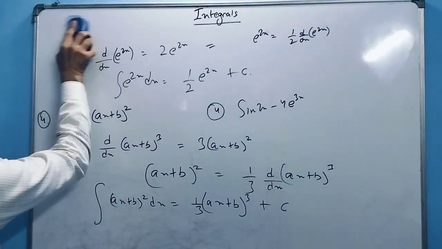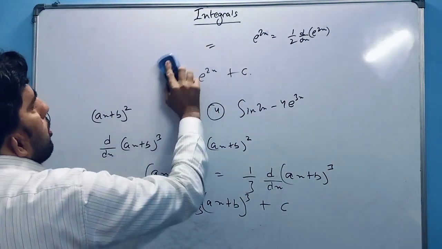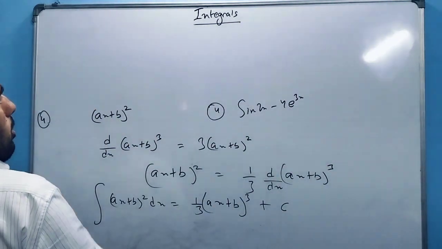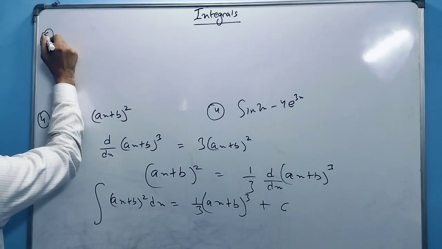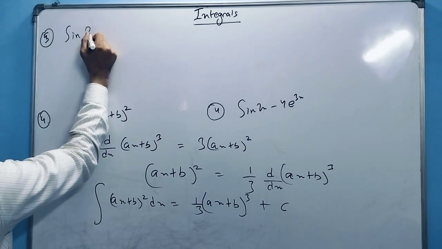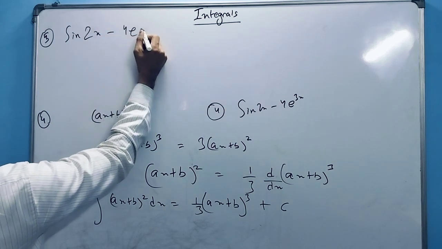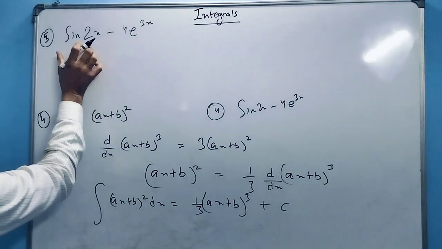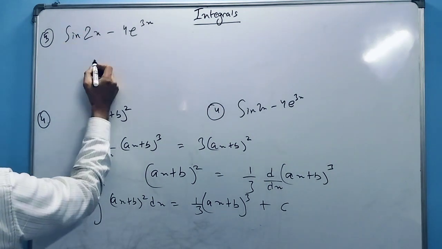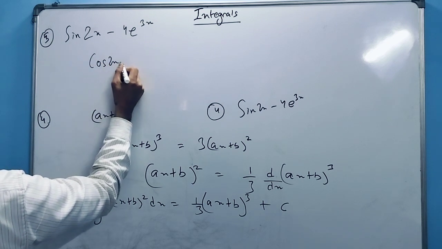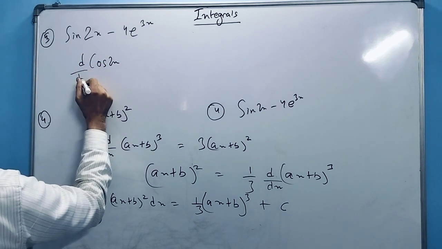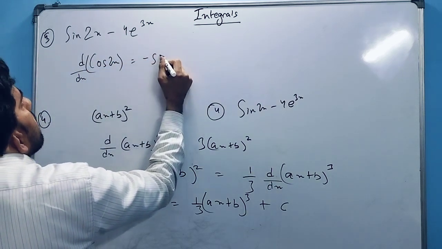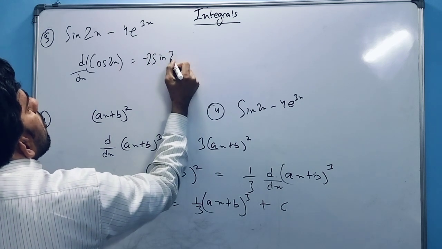Now the fifth one we will try to solve: sin 2x minus 4e to the power 3x. First of all, we'll try to find the function whose derivative is this. It will be cos 2x. If I differentiate, I get minus 2 sin 2x.